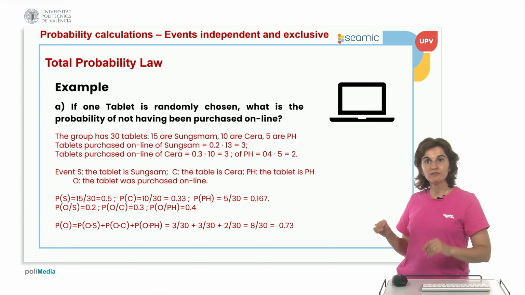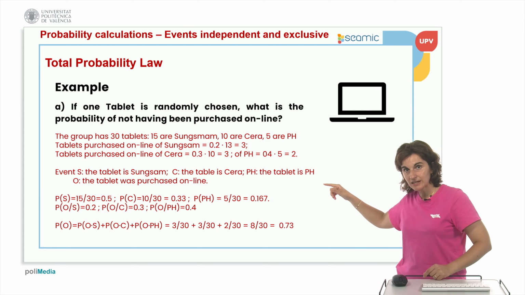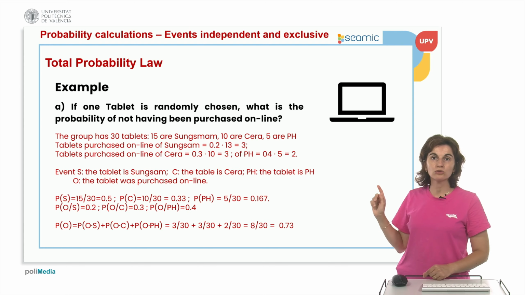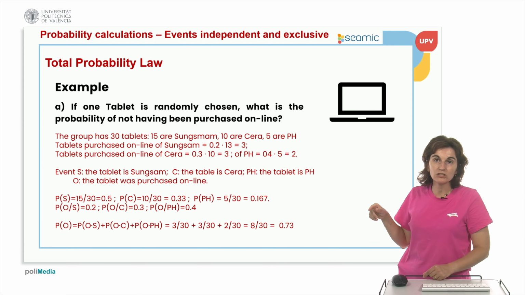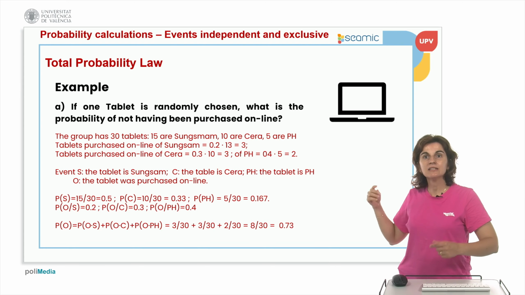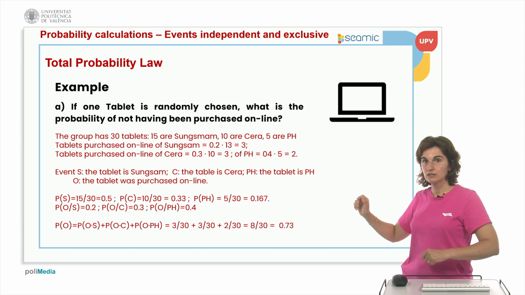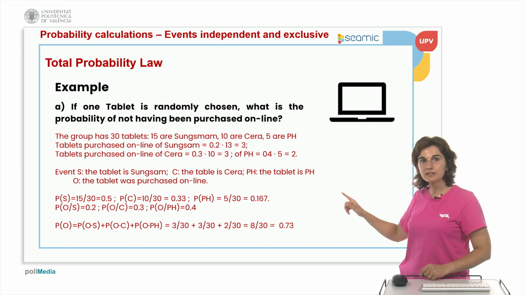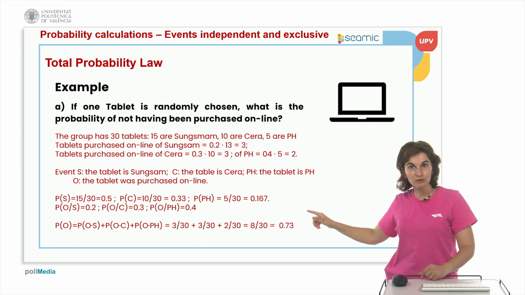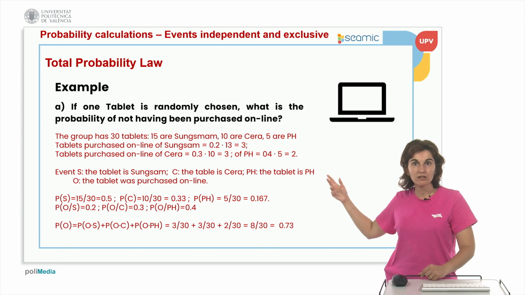So, once you have defined the events, which is here in this line, then you will be prepared to compute marginal probabilities or conditional probabilities. In the end, you are translating the information in the problem into data. So what we know is that the probability of S is 0.5. The probability of Z will be a third, like 0.33.